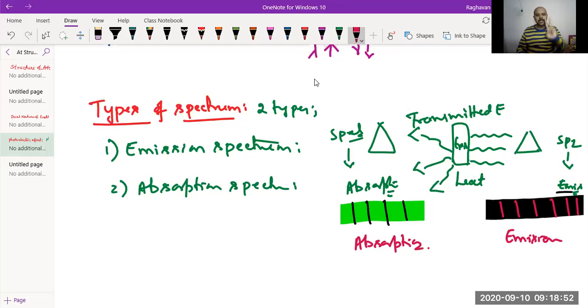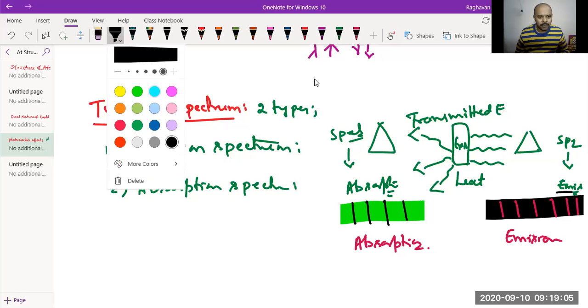So these are the two types of spectrum we need to know. Apart from that, we can also classify spectrum as continuous spectrum. Continuous spectrum means the radiation has no wavelength gap.